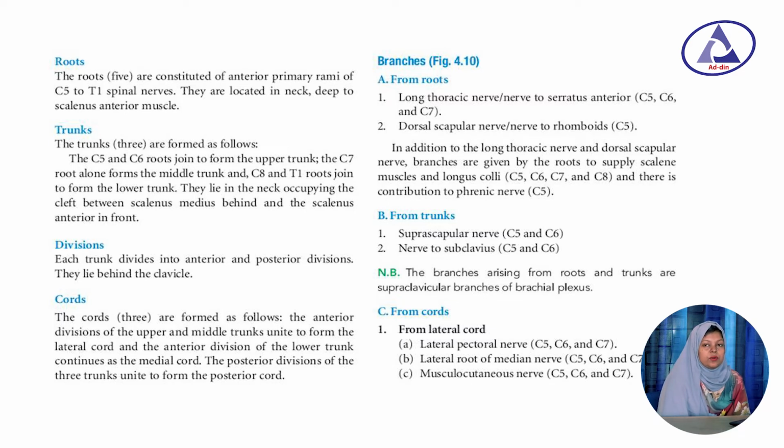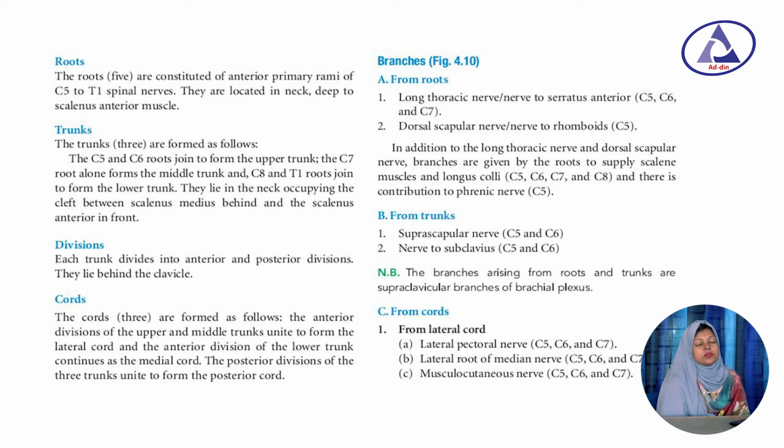The upper trunk is formed by cervical 5 and cervical 6 roots joined together. Cervical 7 root alone forms the middle trunk, and cervical 8 and thoracic 1 roots join to form the lower trunk. Now comes our division. Each trunk divides into anterior and posterior divisions. How are the cords formed? The cords are formed by the anterior and posterior divisions: lateral cord, medial cord and posterior cord.